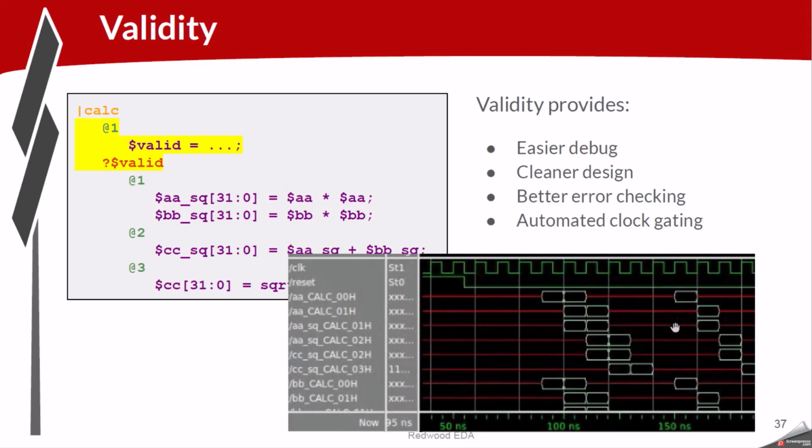So in this case, the waveform we're looking at, the reds are reflecting these don't cares in simulation, which have been injected from the knowledge of validity. These don't cares are what's giving us better error checking. So the simulation is going to propagate these don't care values. If you have a don't care at the input of a gate, that don't care is going to generally show up at the output of the gate as well.